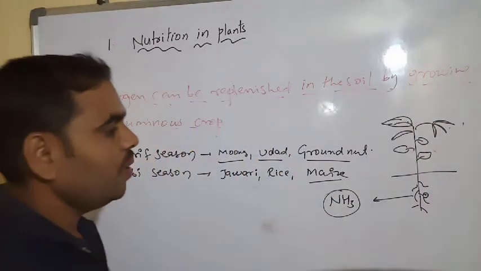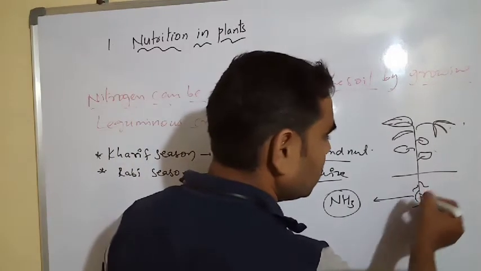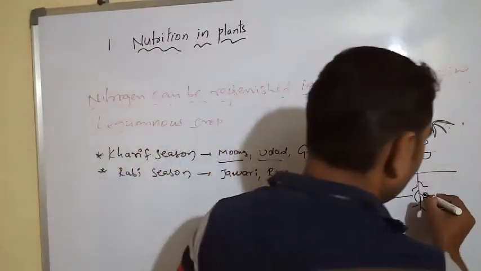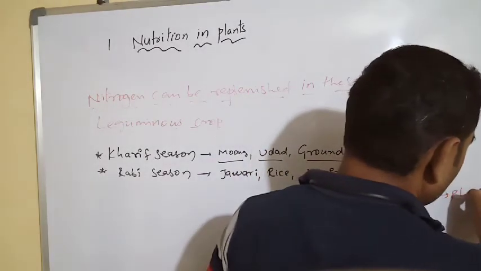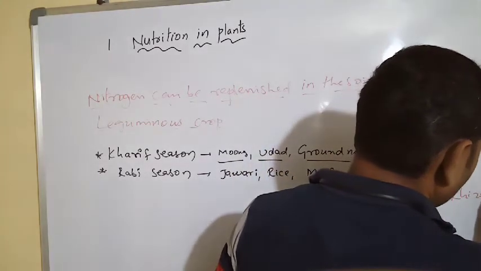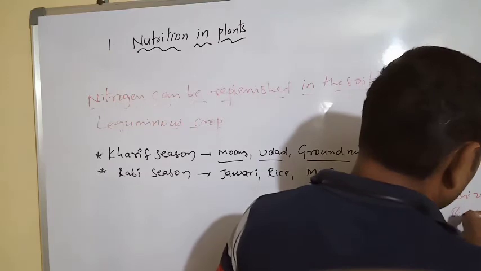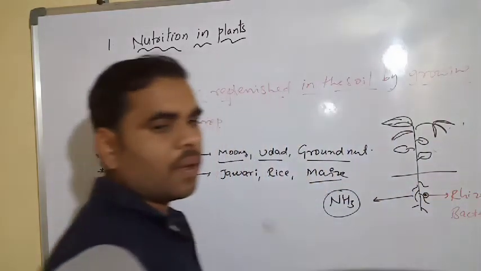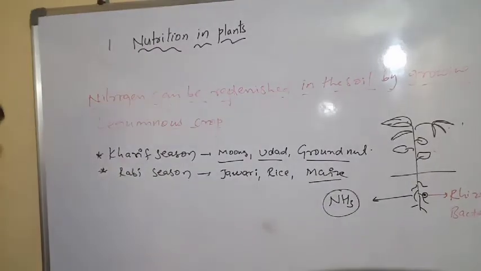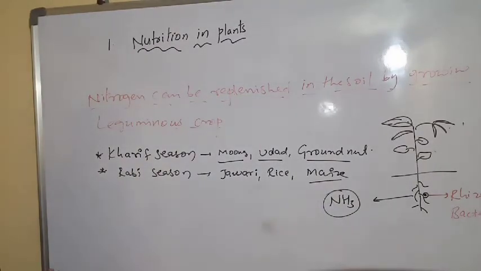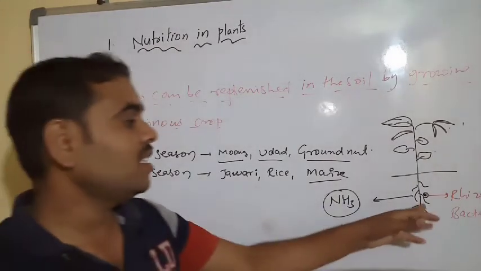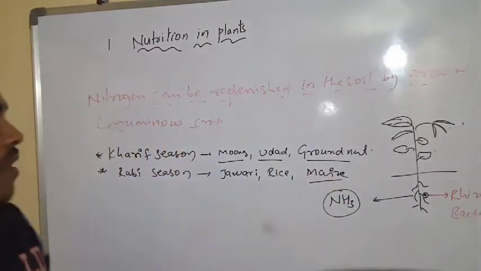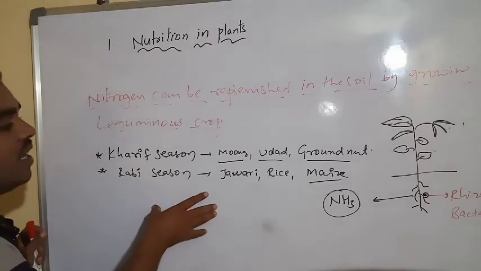Like hemoglobin, a similar pigment is present in this Rhizobium bacteria. This Rhizobium bacteria fixes nitrogen as ammonia. That's why we will get more yield.